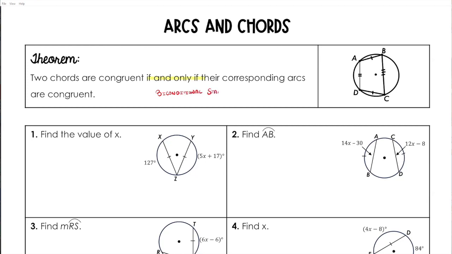Absolutely. A biconditional statement means it is true whether we're talking about the conditional statement, which is as it stands, if two chords are congruent, then their arcs are congruent, or the converse of that statement, which we just flip forwards and backwards. If two arcs are congruent, then their corresponding chords are congruent. So biconditional means they both must be true.